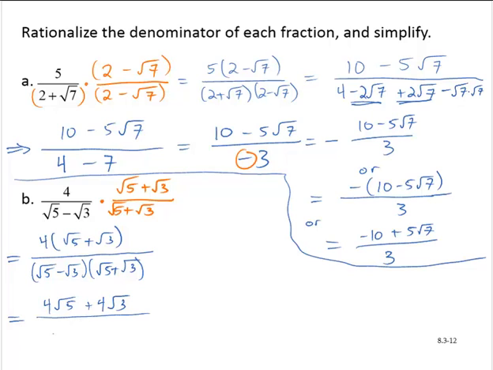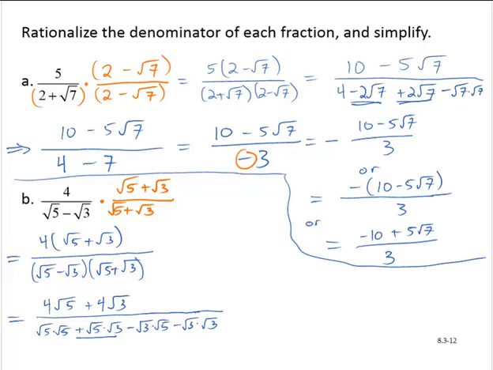And in the denominator, I'd have the square root of 5 times the square root of 5. Outers would give me the square root of 5 times the square root of 3. Inners would give me minus square root of 3 times the square root of 5, and the lasts would give me minus square root of 3 times the square root of 3.